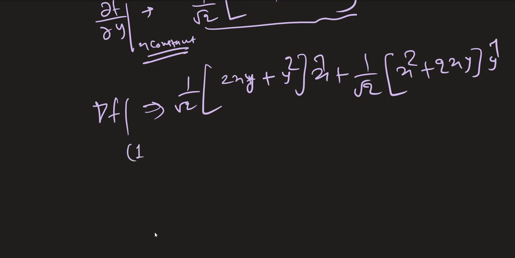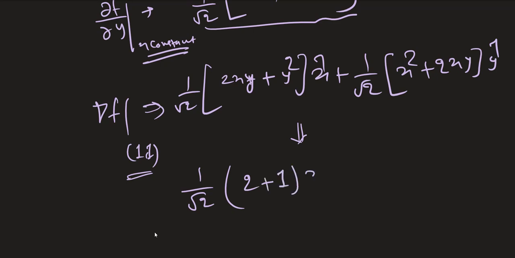Now del f at point 1, because we are asked to get this directional derivative at point 1, so just put the value of x and y as 1. So we will be getting 1 by root 2 times 2 plus 1 x cap plus 1 by root 2 times 1 plus 2 y cap.